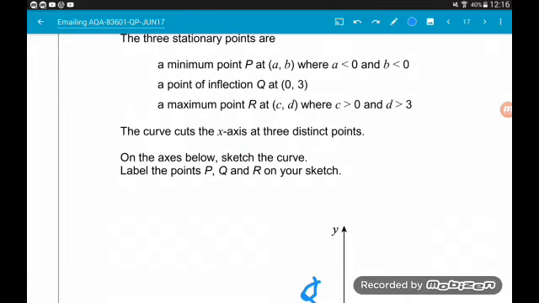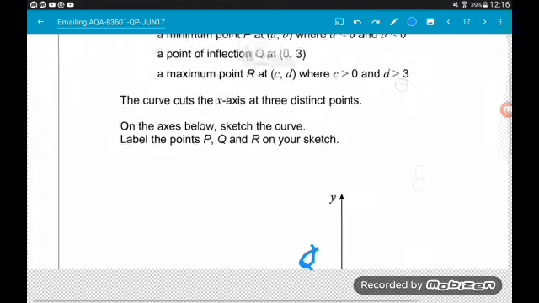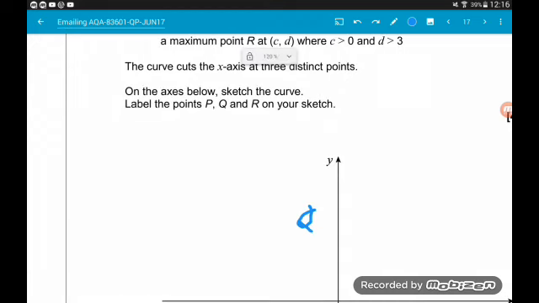So we're going to have that sort of thing going on the y-axis. And then finally we've got point R, which is a maximum, which has coordinates C, D, where C is greater than 0 and D is greater than 3. So say that this point is our y-intercept, then point R is going to be over here somewhere.